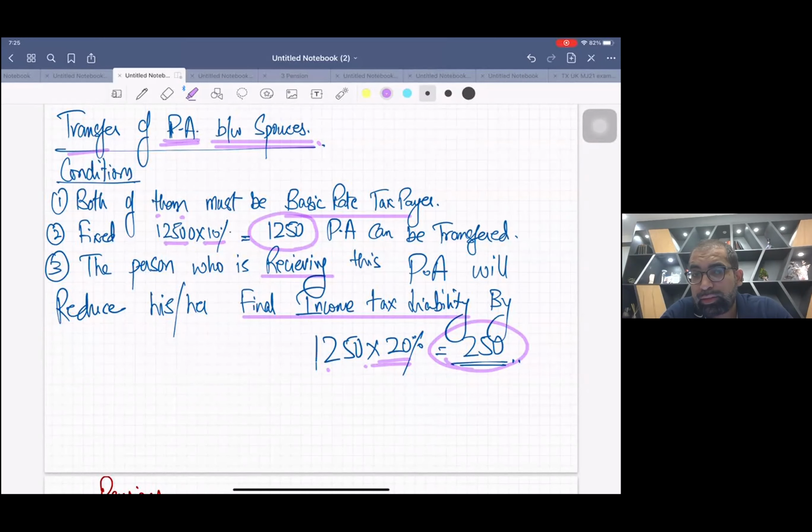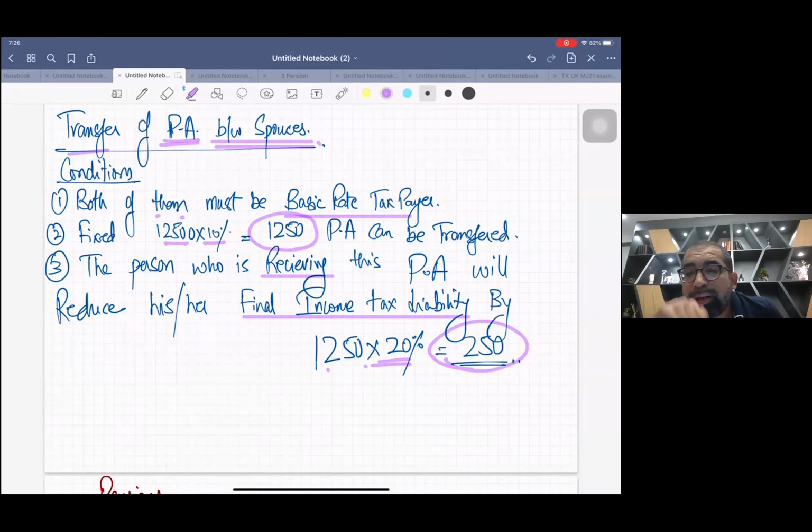Okay. Now the third thing is very important. The person who is receiving the personal allowance will reduce his or her final income tax liability. What does it mean? It means the guy or girl receiving the personal allowance will not increase his or her personal allowance.